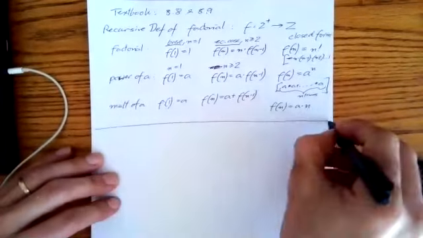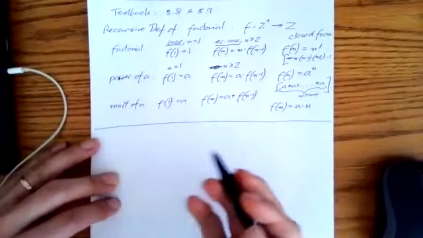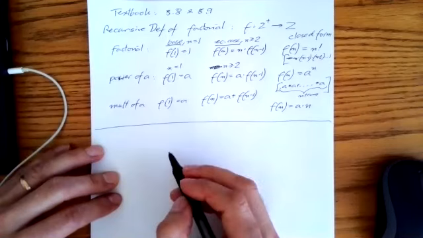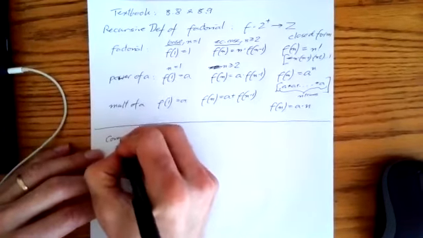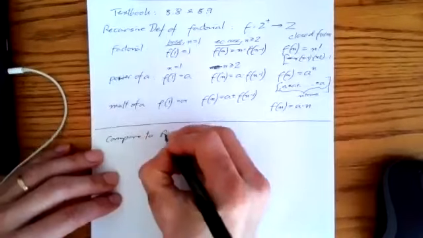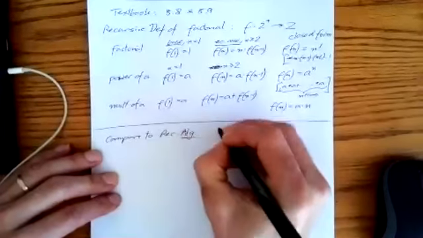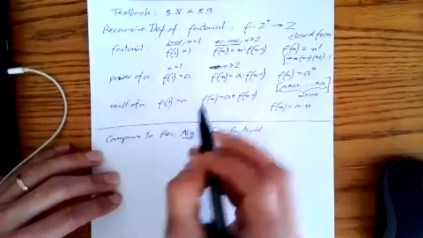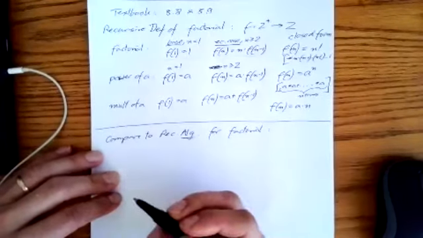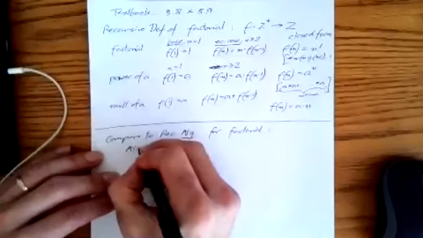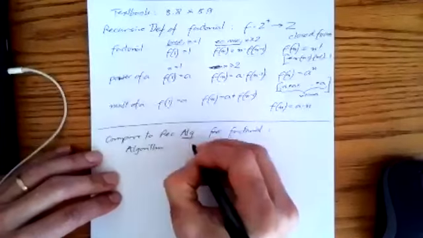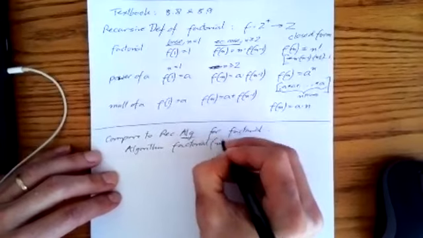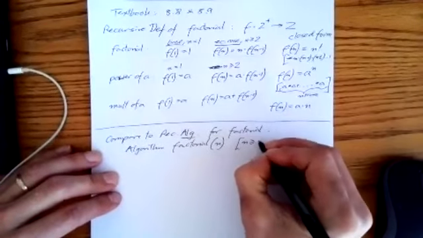Clearly, these recursive definitions are basically straight away recursive code, a recursive algorithm. So compare to the recursive algorithm for factorial. How would I write basically the same thing as an algorithm? Algorithm factorial on input n, and I assume n is greater or equal to 1.